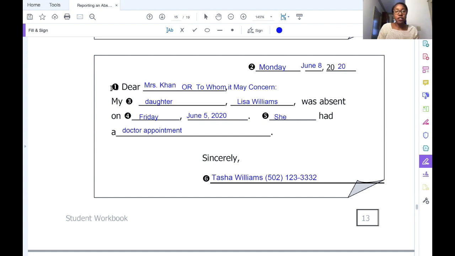And so know that you can change. You could even say, my son, Brian Williams. So maybe my son, Brian Williams, was absent on Friday, June 5th, 2020.